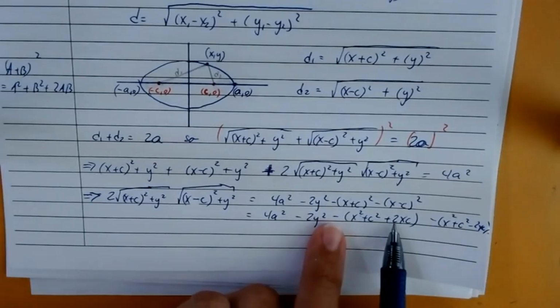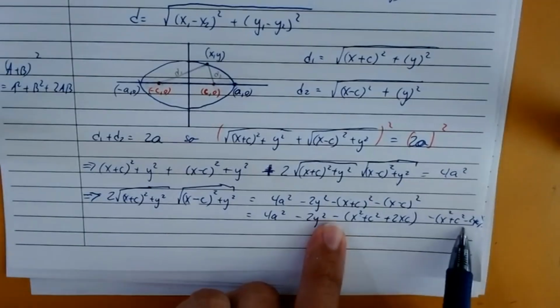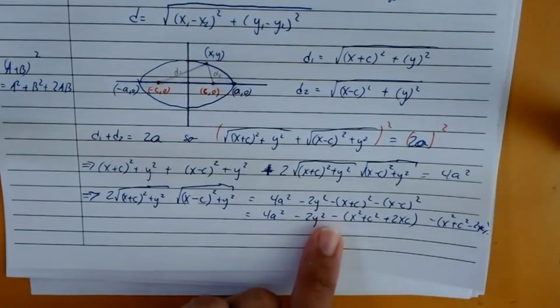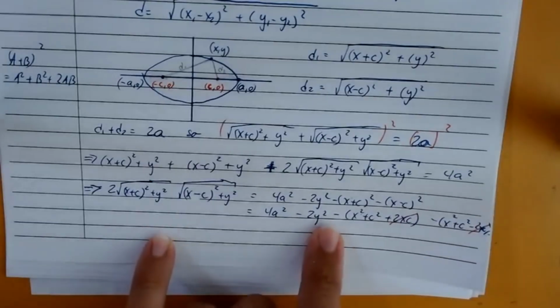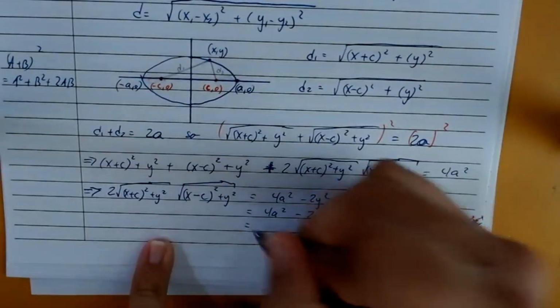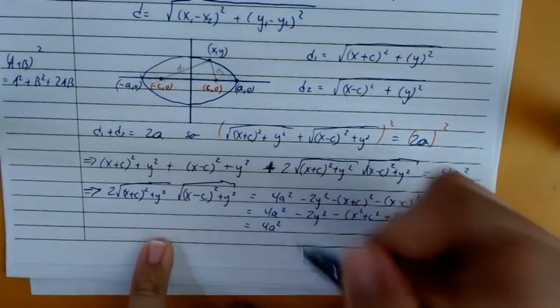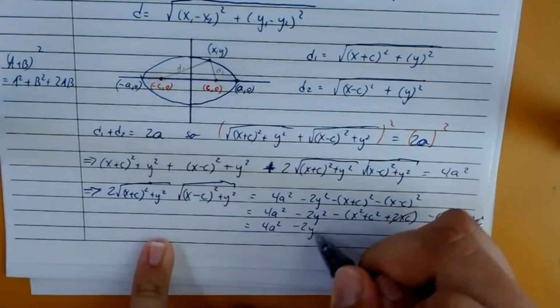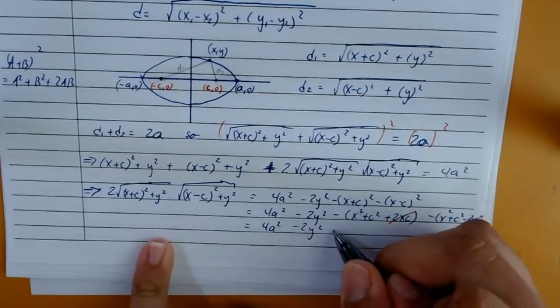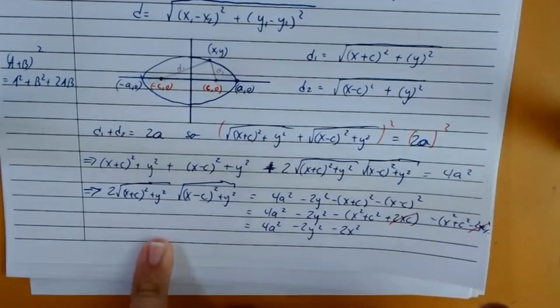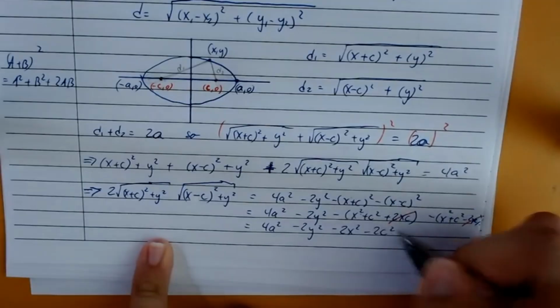So here you have negative 2xc, and then minus the minus makes that plus 2xc. So these two simply subtract away, and all the rest of these double up. So this gives us 4a² − 2y². Those are gone. Minus x² minus another x², that's minus 2x². And then minus c² minus another c² is minus 2c².